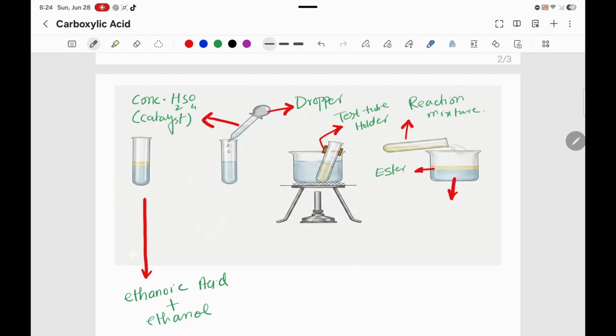Ester is being separated and we are left with water plus sulfuric acid. This is Bunsen burner, which is the source of heating.